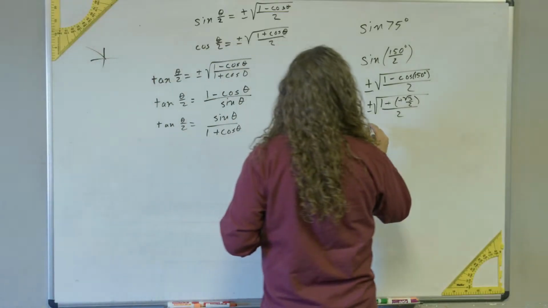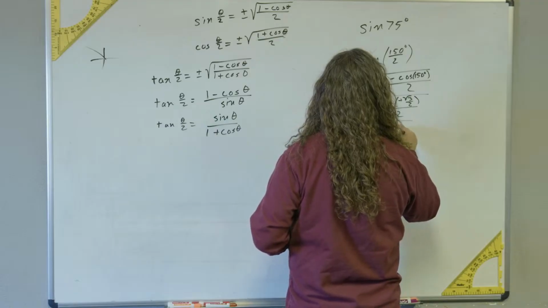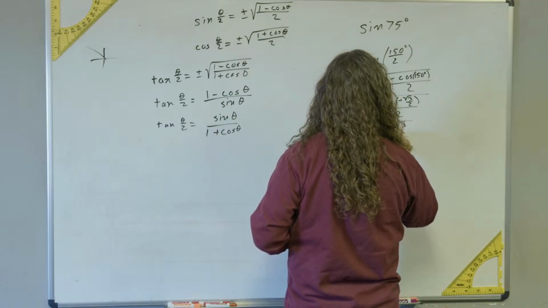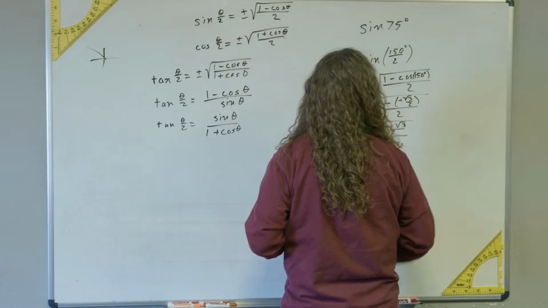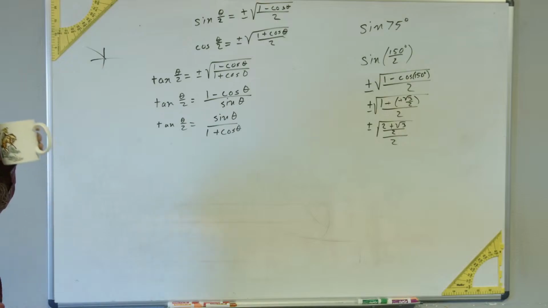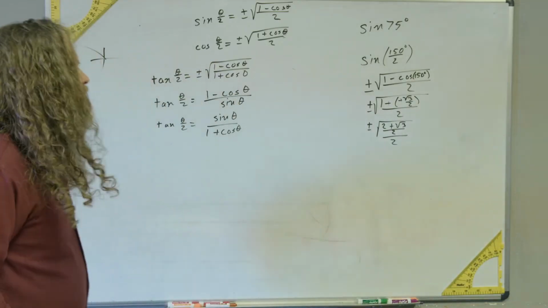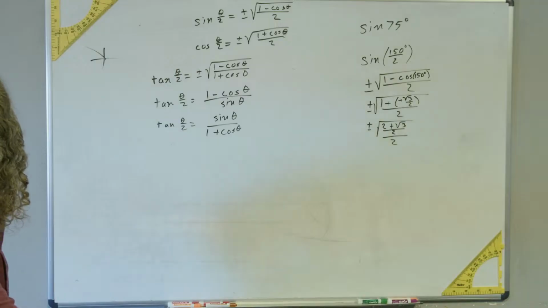All right, so we've got plus or minus the square root of 2 plus the square root of 3 over 2, over 2. Okay, now what? Too bad divided by 2 is 1, but too bad we can't do that.